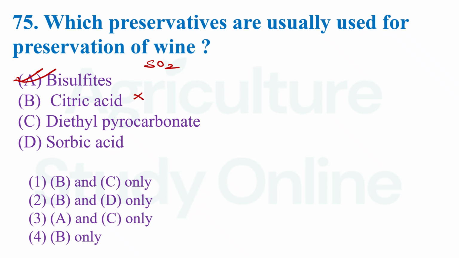Diethyl pyrocarbonate is also used as a sterilizing agent which will kill the microbes. Sorbic acid is used to control yeasts or mold, so this cannot be. So correct option will be option number A and C. Correct option is option number 3.